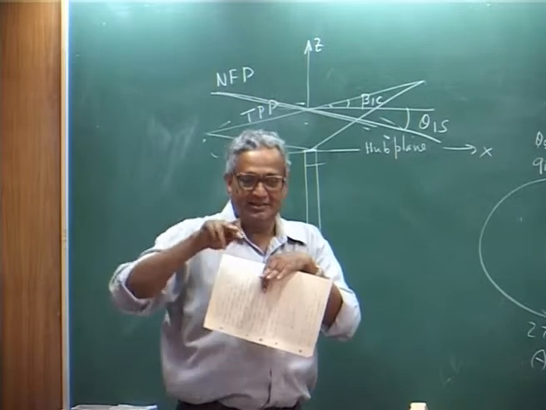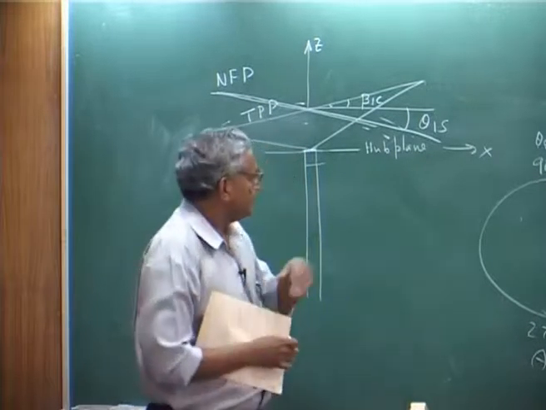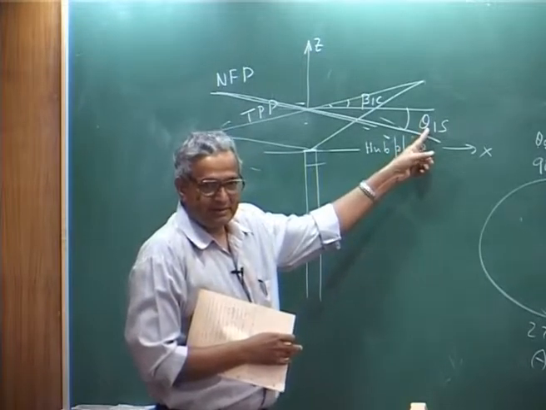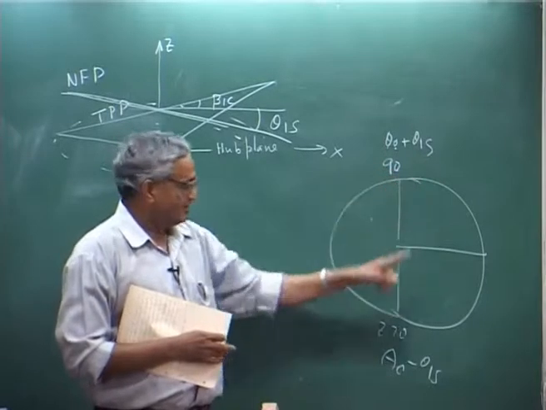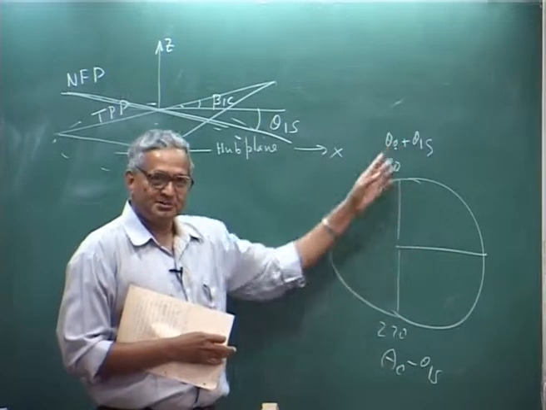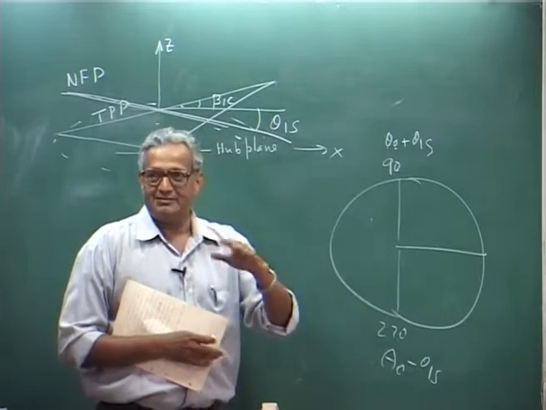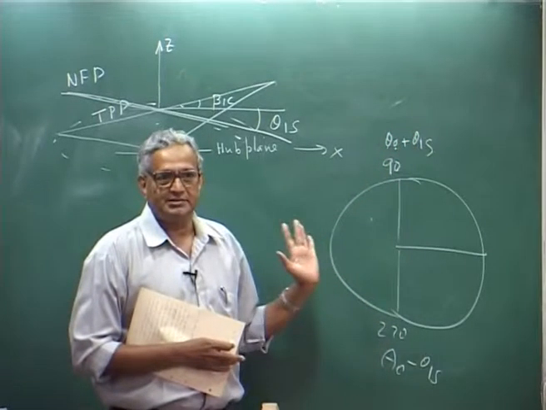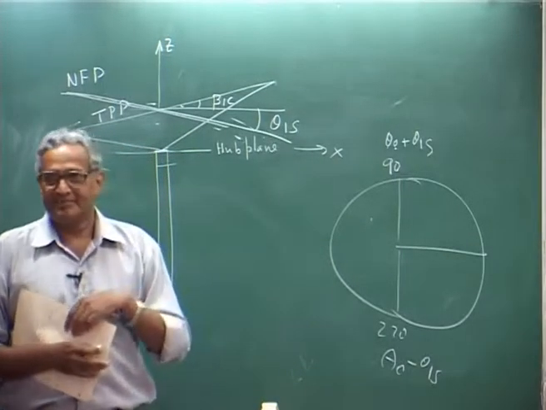As a result, the angle through which you tilt is theta 1s. You have actually subtracted from here, you have added here, that means, my pitch angle is theta naught. In the no feathering plane, the pitch angle is only theta naught. Is it clear?